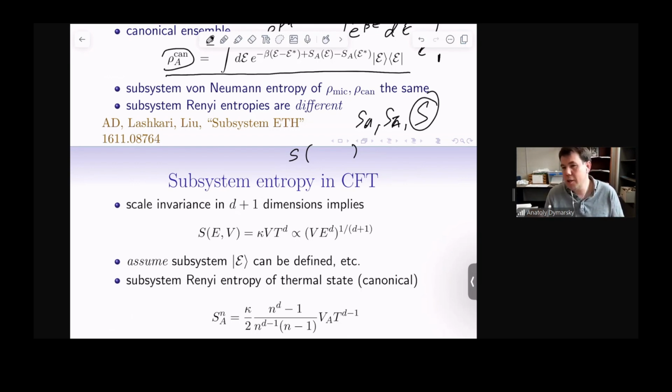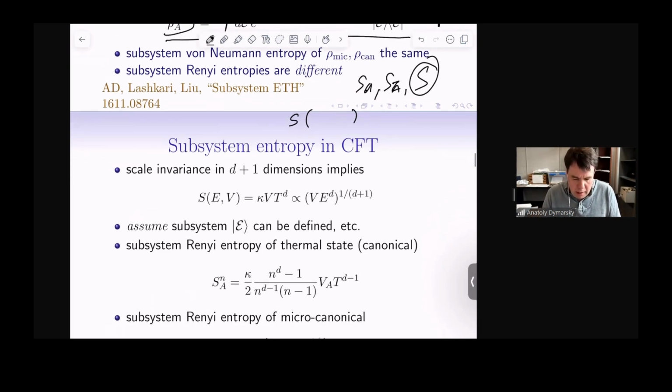And actually, we do not argue for that in our papers. We simply say, let's just get to the result, assuming you can do that. I think it's an interesting question how to put it on a rigorous footing and try to define the subsystem Hamiltonian for the CFT and the eigenstates of those Hamiltonians.